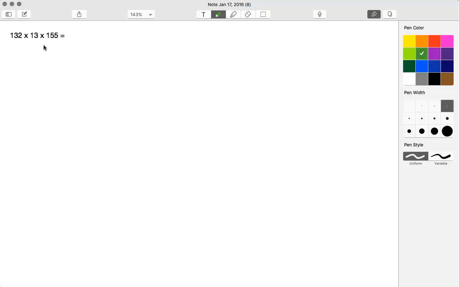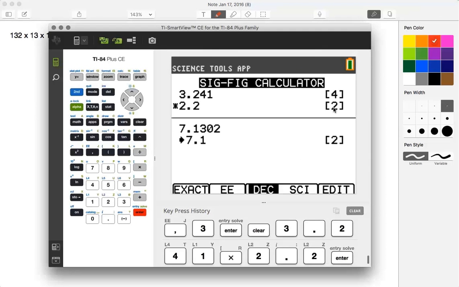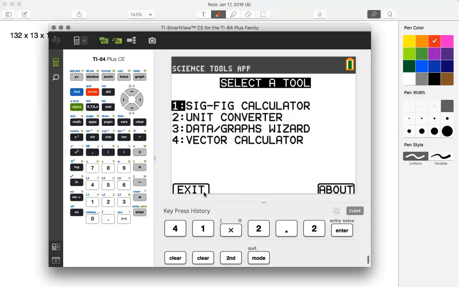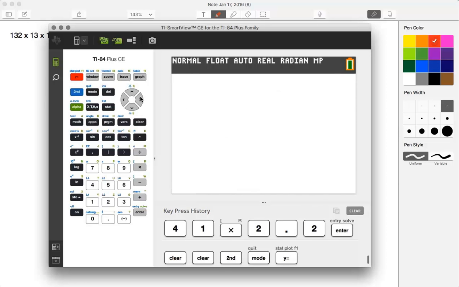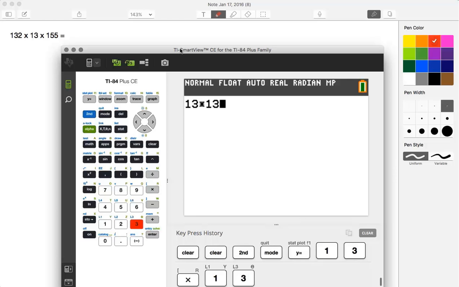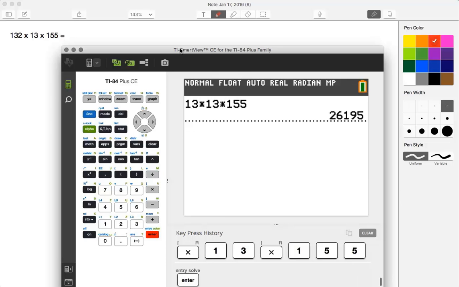So let's do a little experiment. What does 12 times 13 times 155 equal? Well, let's find out. Let's go to our handy calculator and clear from our last problem. We have to go second function quit, and exit. So what do we say again? 132 times 13 times 155.